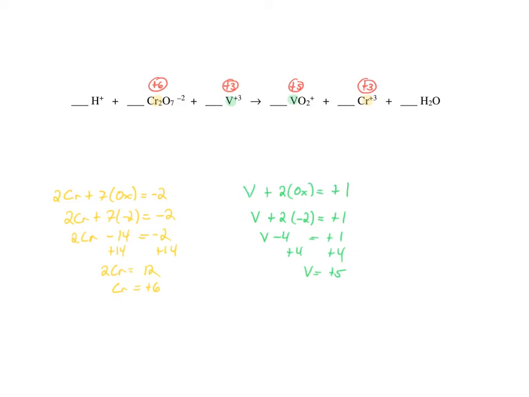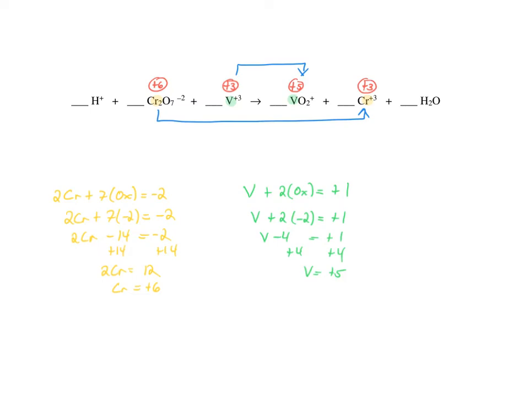The sum of these oxidation numbers has to equal the net charge, which we see is +1. And we walk through our algebra to find the charge on vanadium is +5. Our last element, chromium, here it's a monatomic ion. It has an oxidation number of +3. We connect up those things that are changing oxidation number.